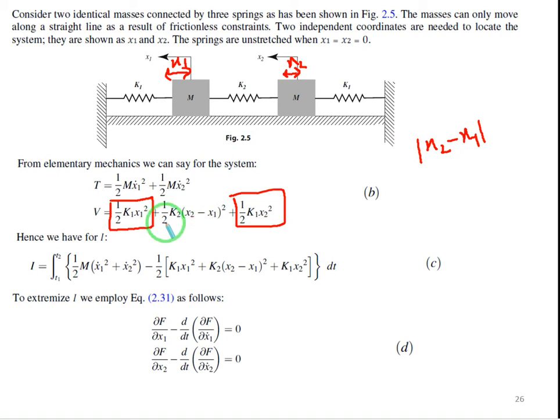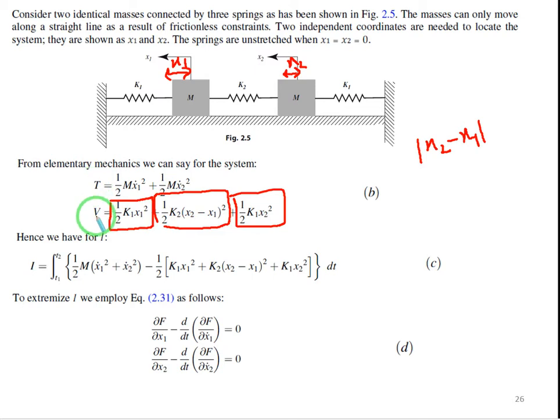So there is no difference if I use x1 minus x2 squared or x2 minus x1 squared in this term. In this equation you can see that the potential energy of the middle spring can be calculated by this formula. Now we have the value of T and the value of V.